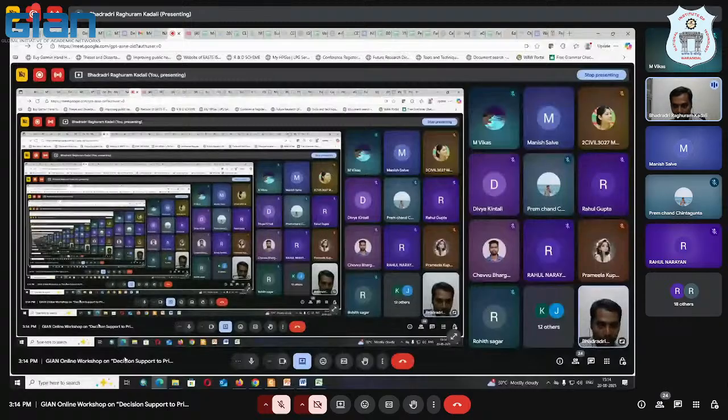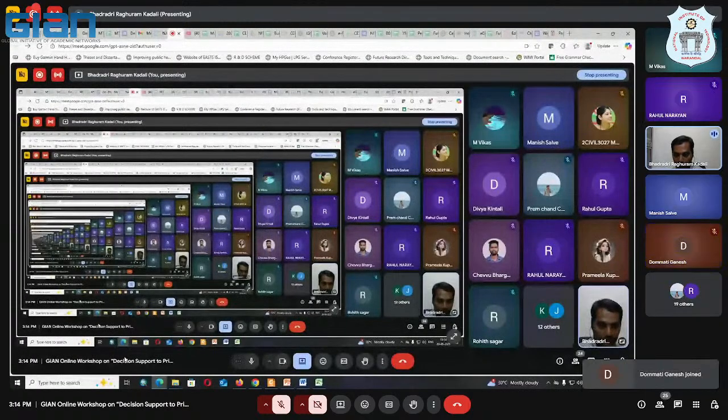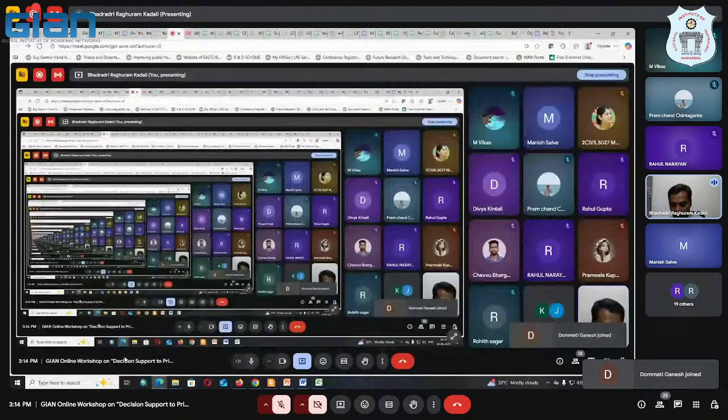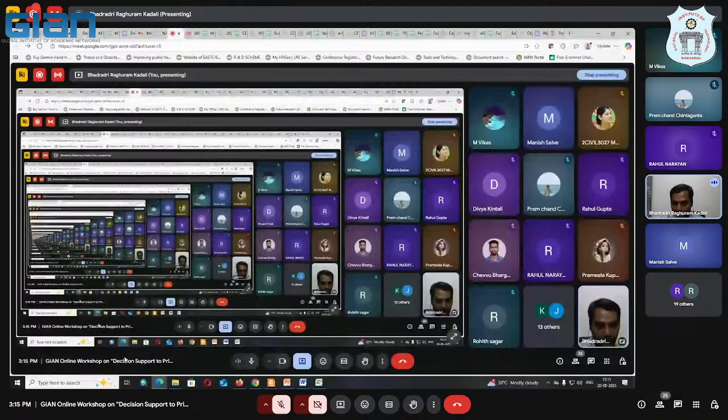But we took data first, because if you take the registered vehicle number and put it in the Vahan site, then we can get to know the age of the vehicle. We already collected the traffic volume, and corresponding to it we also know the registered numbers for the different vehicle categories.